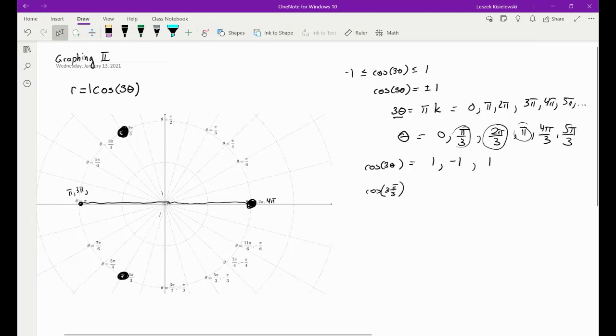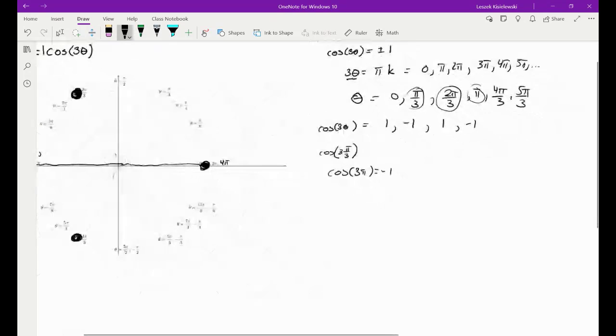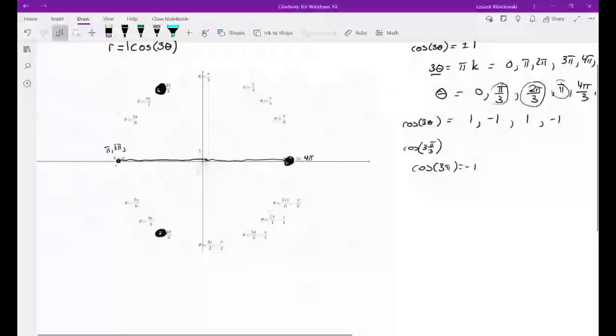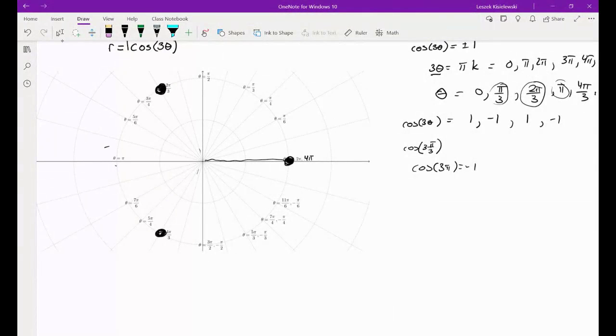And then when theta is pi, cosine of 3 times theta will give us -1. So you see it's kind of alternating. So when theta is pi, r is -1. So we would actually end up back over here, right? So those are the tips of our petal, and you just keep going like that.